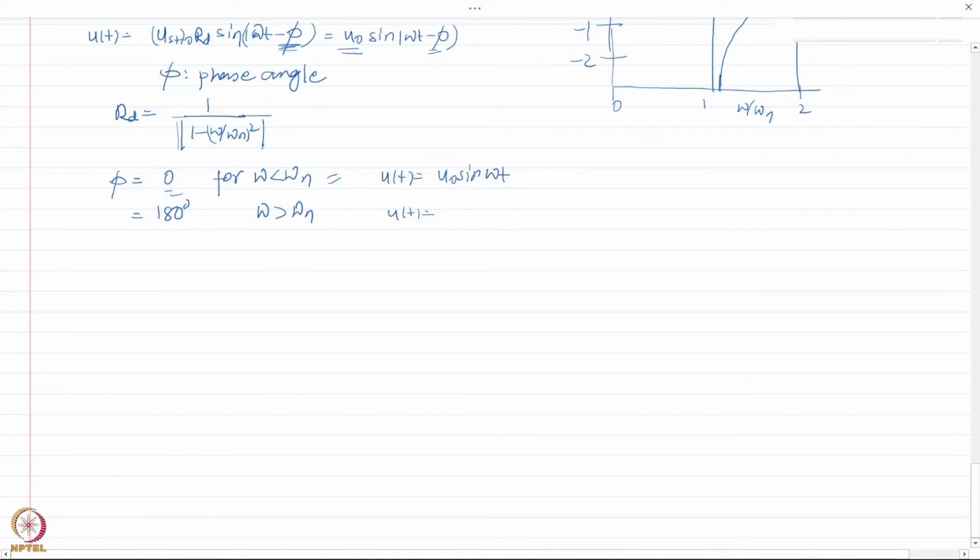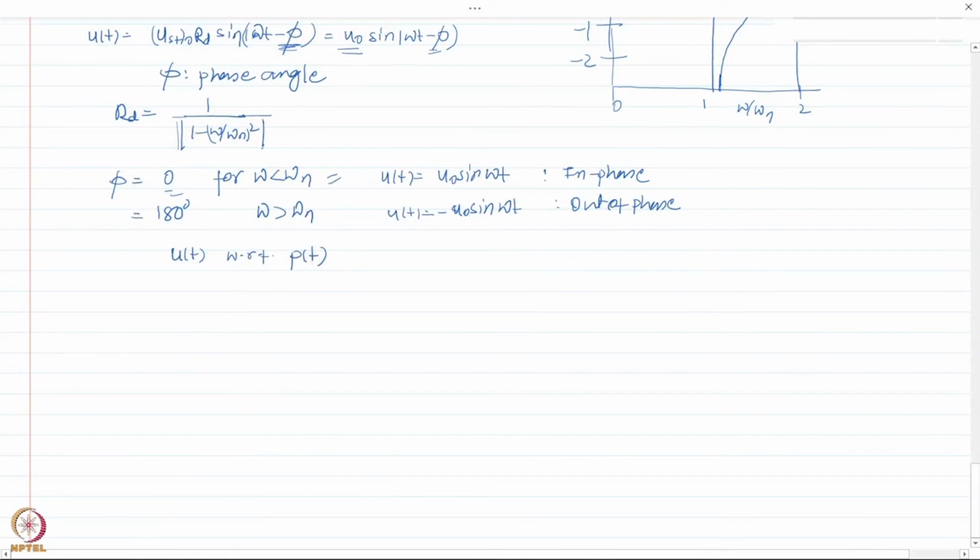So I will have a negative sign here. This is in phase and this is out of phase. When I say in phase and out of phase, it is the displacement ut with respect to the applied force P of t.